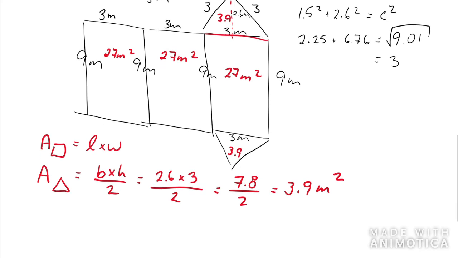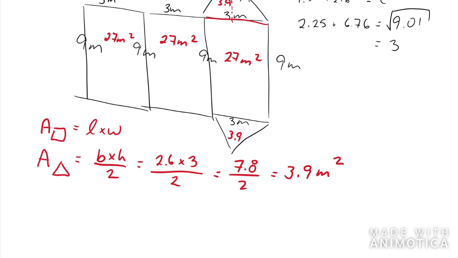So now we have to add them together. The surface area of a rectangular prism is going to be 3.9 plus 3.9, and our triangles will always be the same for these, plus 27 plus 27 plus 27. Our rectangles are only the same because our triangle was an equilateral.